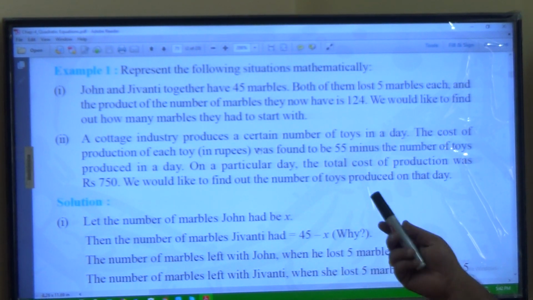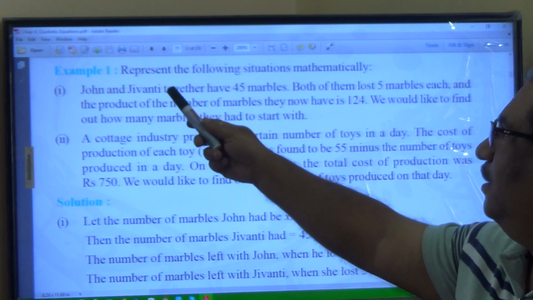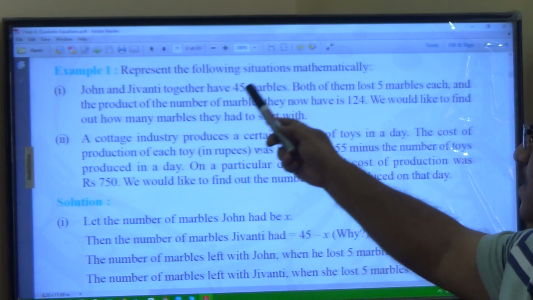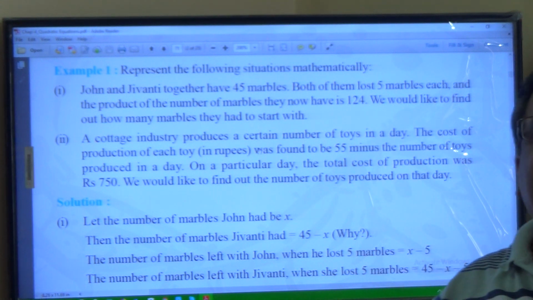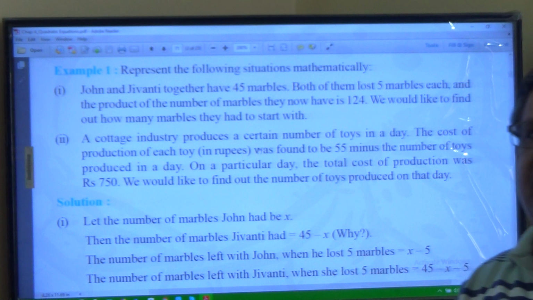Here there are two numericals. Even though the question asked here is to represent the following situations mathematically, we'll not only represent these situations but also solve these numericals.